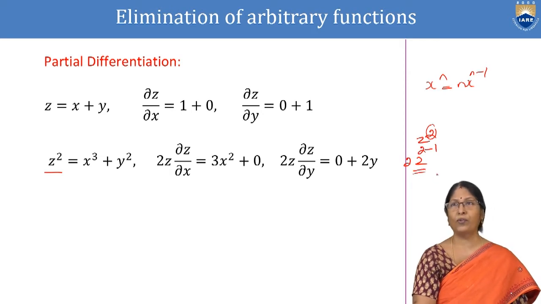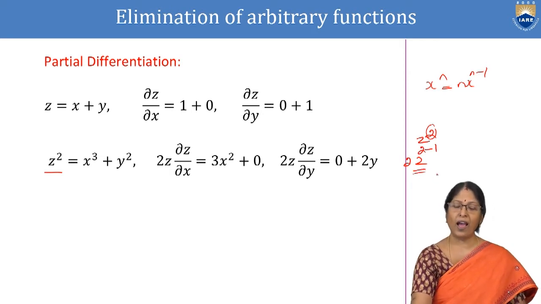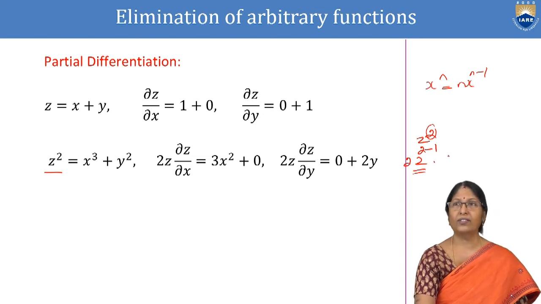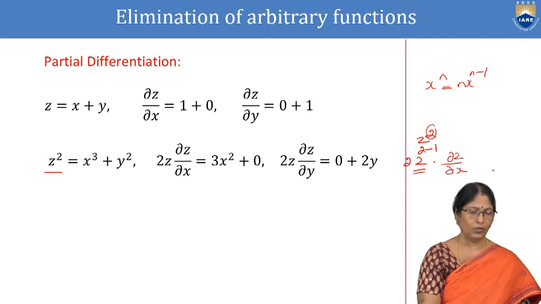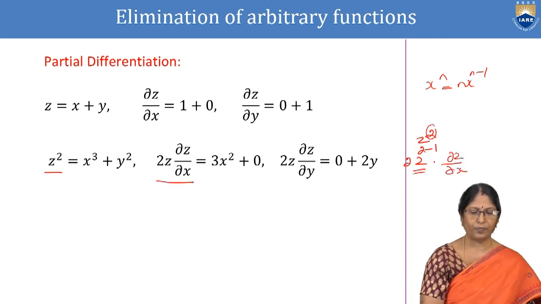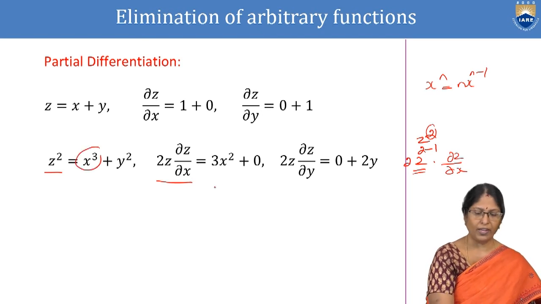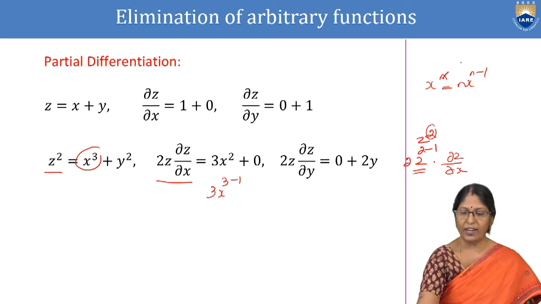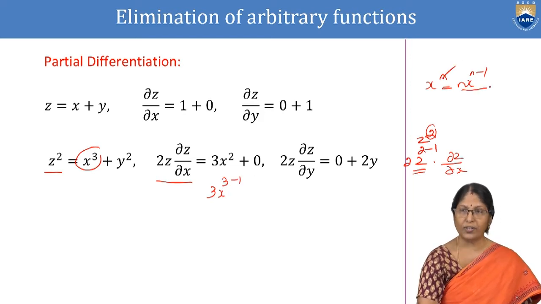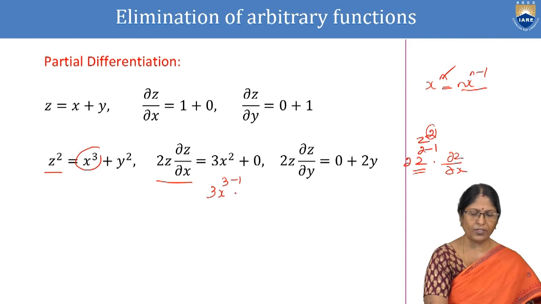Again z has to be differentiated, and since z is the dependent variable, the differentiation gives ∂z/∂x. Next, x³ gives 3x to the power 3 minus 1, because n is 3, and x differentiation is 1.